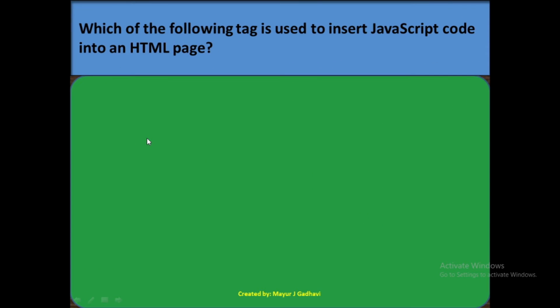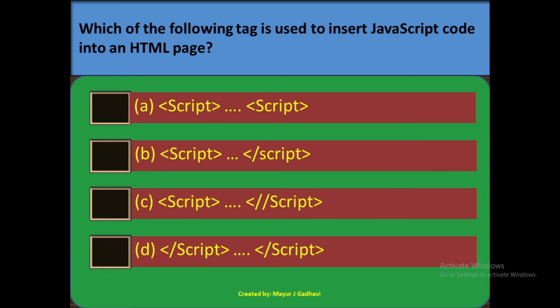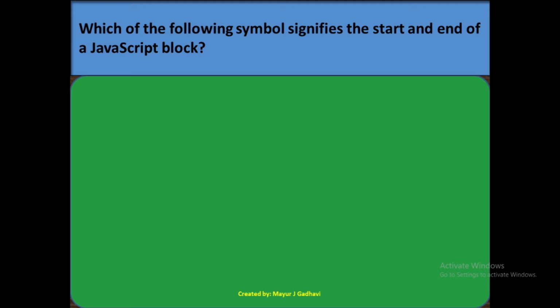Next, which of the following tag is used to insert JavaScript code into an HTML page? The answers are A, script, B, script, option C, script /script, and option D, /script. Well, the correct answer is B, script and /script. Next, which of the following symbol signifies the start and end of JavaScript block?